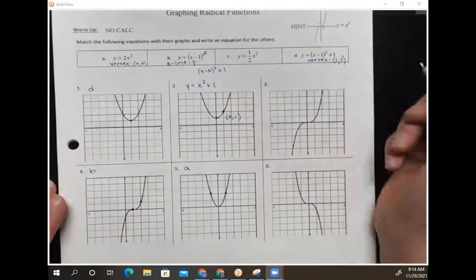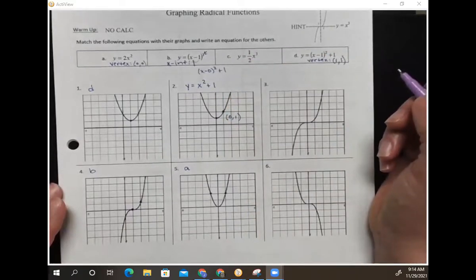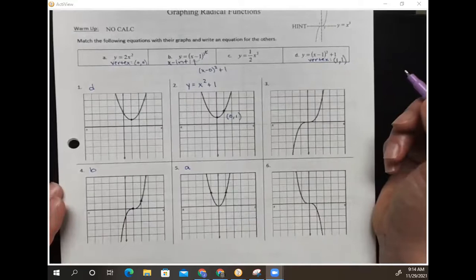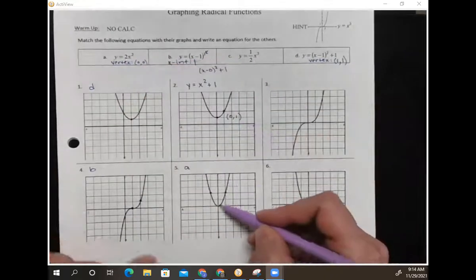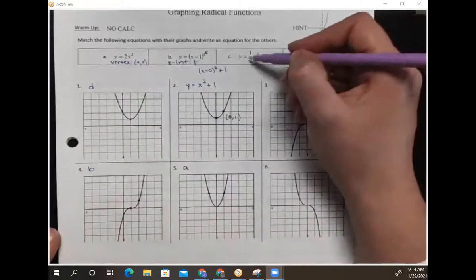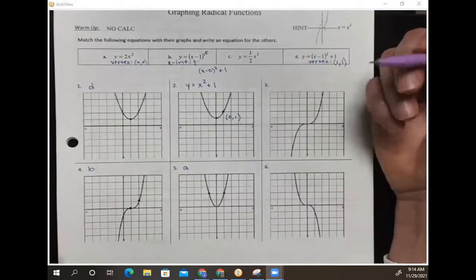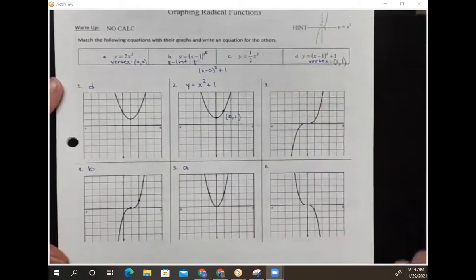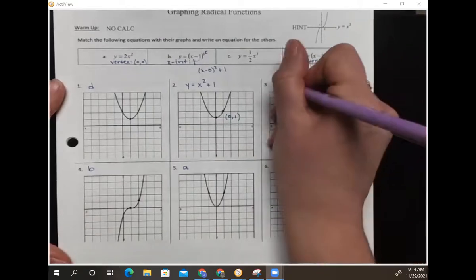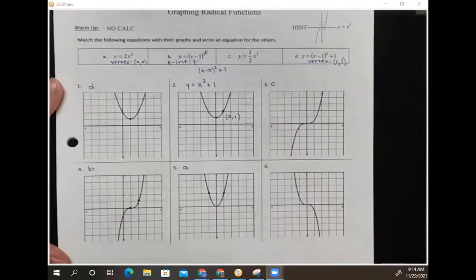What do you think that 1/2 is going to do? With the 2 in front of our x squared here, it stretched it out. So what do you think the 1/2 is going to do? Yeah, kind of smash it down, kind of widen it. So which of these 3 or 6 is a widened version of that function? 3, yeah, this is C.